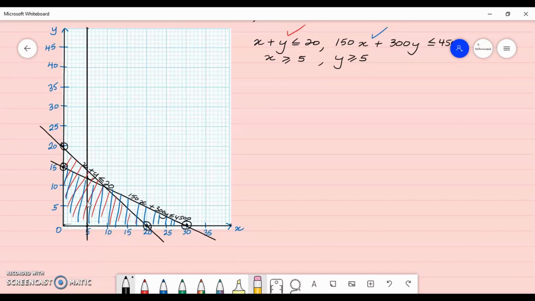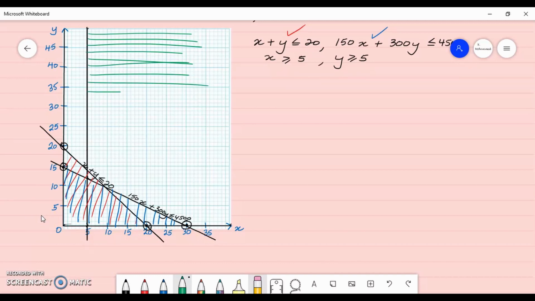So it's more than or equal to, that means my line has to be solid, and more than or equal to 5 is going to mean that I have to shade everything to the right of this line.